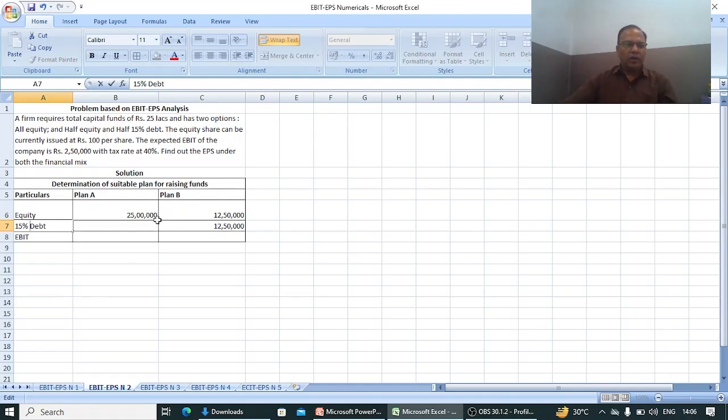Now we have to check which is more preferable for the organization. So first of all, you have to write down EBIT here. EBIT is 2,50,000. Again here 2,50,000.